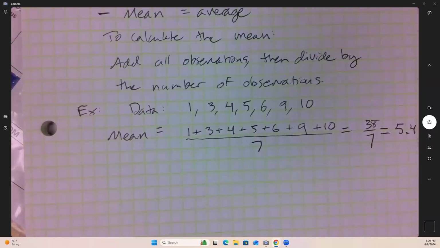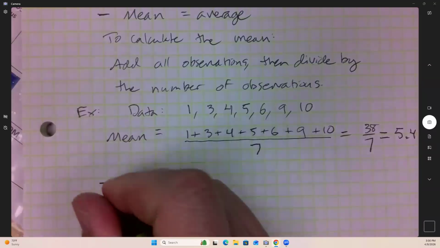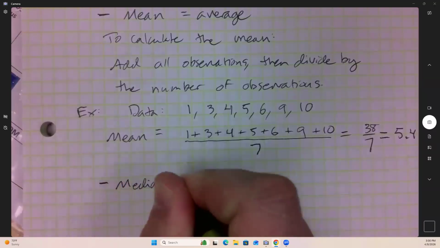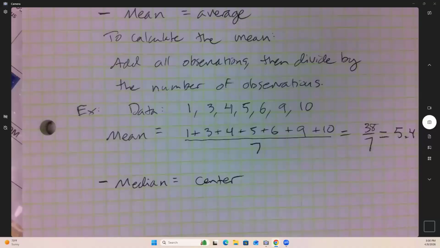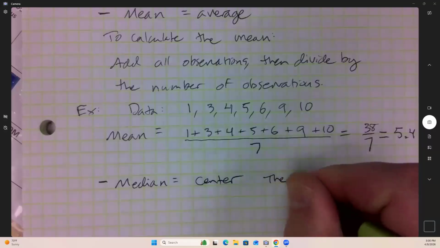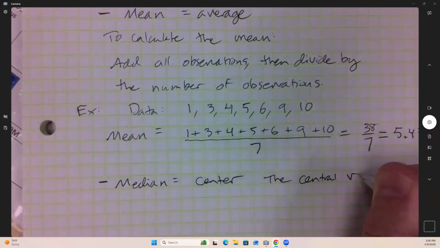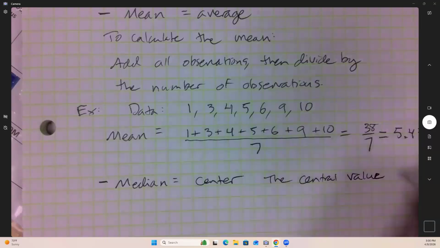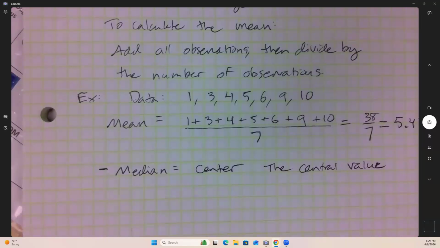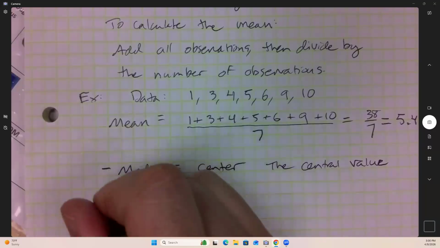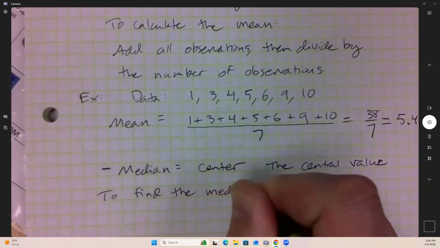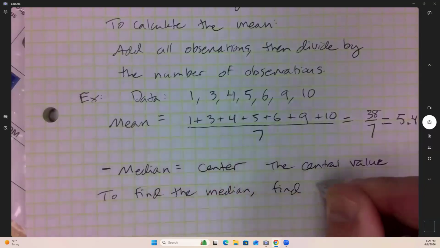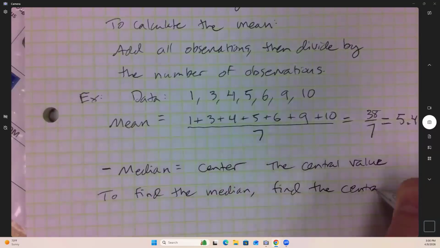All right, so there's another measure of center, which is called the median. I usually refer to this as the actual center of the data. It is the central value or the middle value. To find the median, you just find the central value.